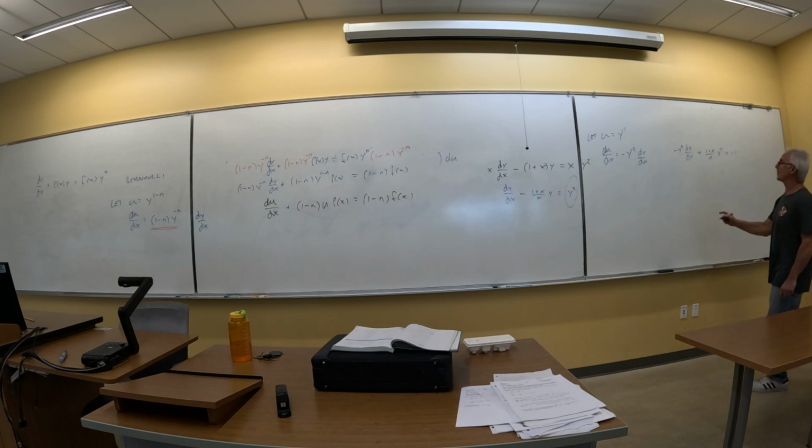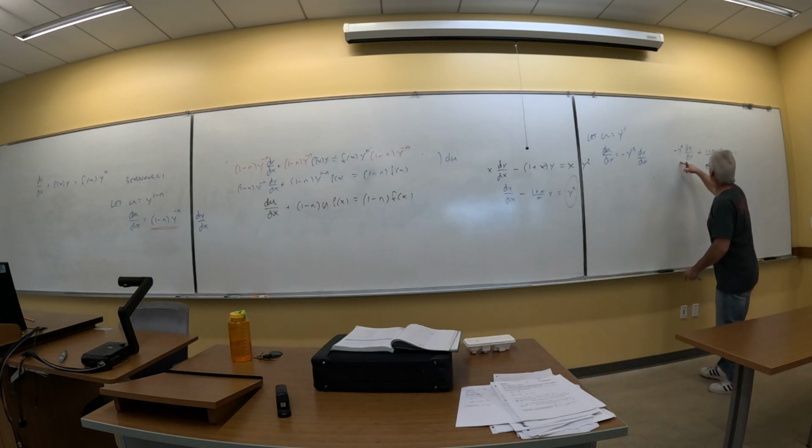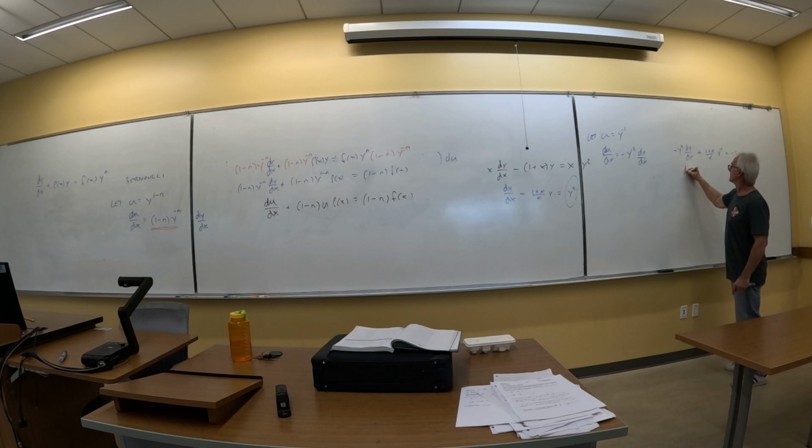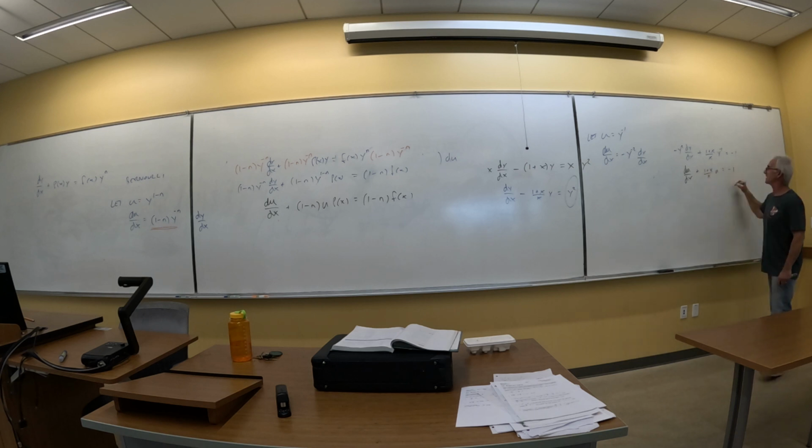Okay. Now when I do my substitution, this becomes du dx plus 1 plus x over x u equals negative 1. Okay? For this one, I probably want to pull those apart, don't I?